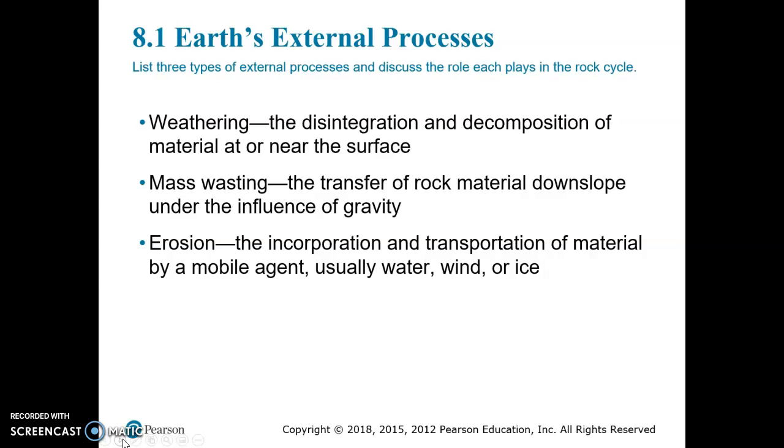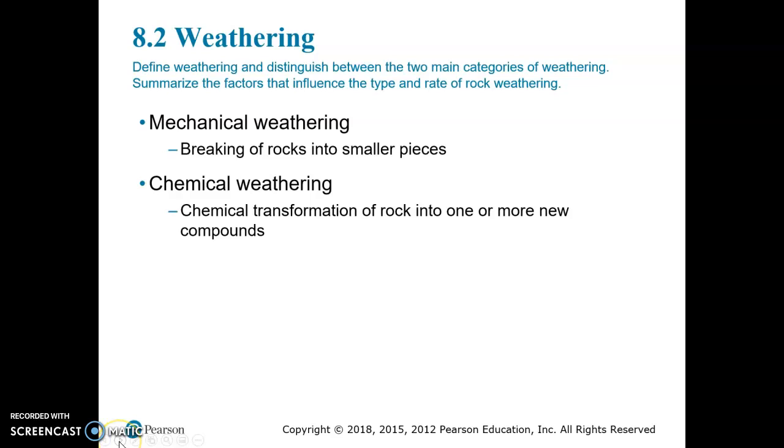This is what we're going to typically see in landslides, for example. And then erosion is when we get essentially weathering, we get transportation of materials, but we're going to have some type of mobile agent like water, wind, or ice in the case of glaciers, for example.